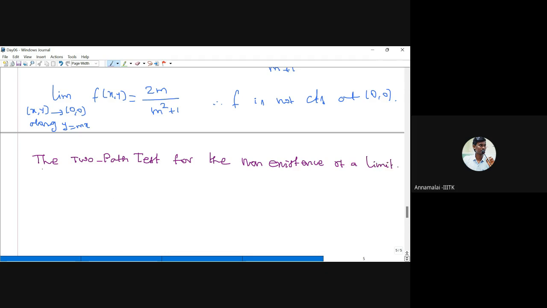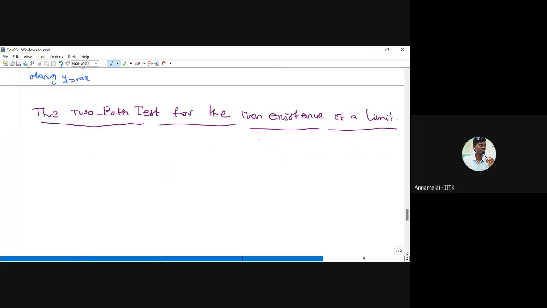Suppose you want to show that the limit does not exist, you have to take two different paths, and then you can say the limits have different values, therefore the limit does not exist.